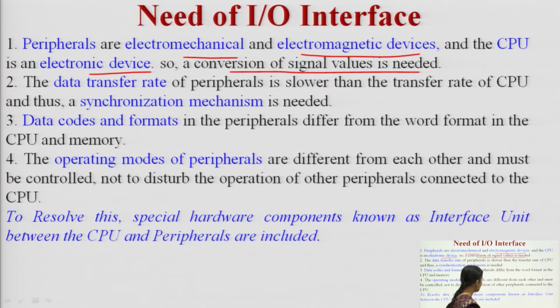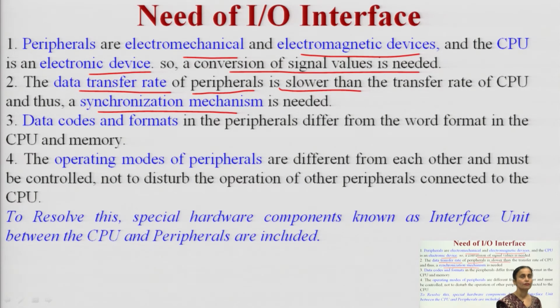That conversion will require some intermediator, and that intermediate is the IO interface. Then secondly, the data transfer rate of peripherals is much slower than the transfer rate of the CPU, because they are electromagnetic or electromechanical devices. So again, we require a synchronization mechanism, a speedy mechanism for both.